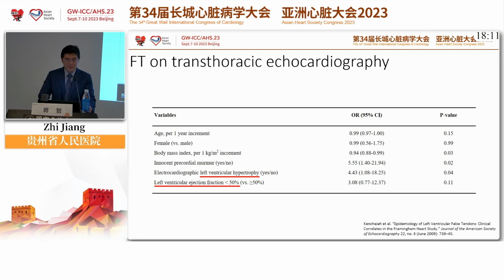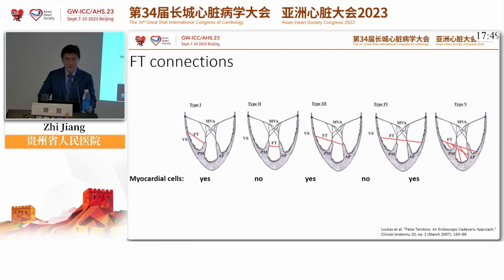One possible explanation from the authors was that ventricular hypertrophy and reduced ejection fraction may create some condition for the technicians to better identify the false tendons. It is now believed that false tendons are a frequent finding in the general population.